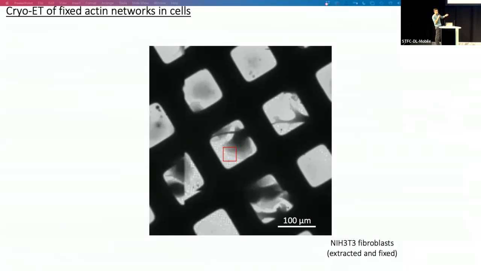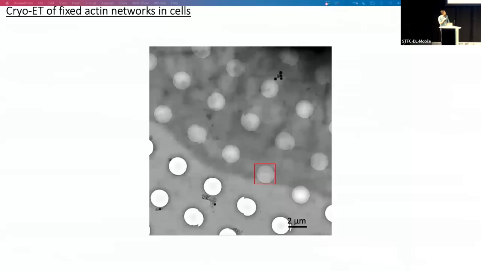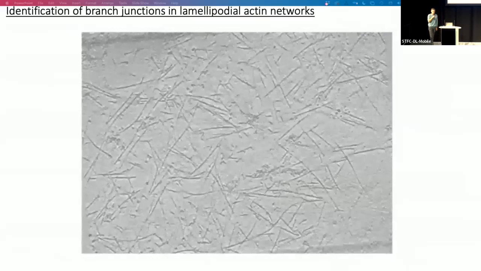And we did some controls that I don't have time to show you, like verifying the proteins are still retained. Then we zoomed in on these lamellipodia, which are spreading nicely over holes, as you can see here, where we have still very nice contrast, and then acquired cryo-electron tomography data.